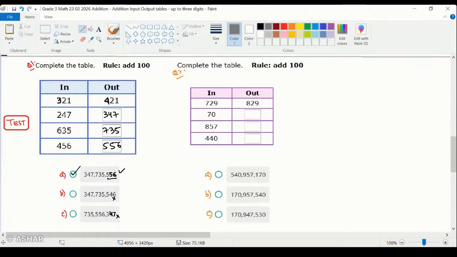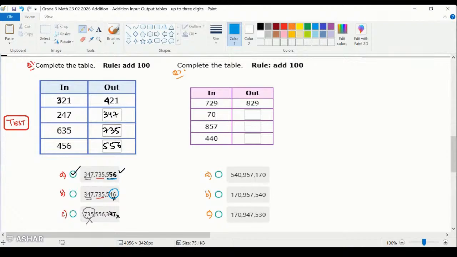What we can see is 347, 347, 735 is obviously not possible. This is not correct. Then we look at the next 735, 735, same. Then we compare the last number. This is 556 and this was 46. Agreed? Okay, let's have a look at the next question.